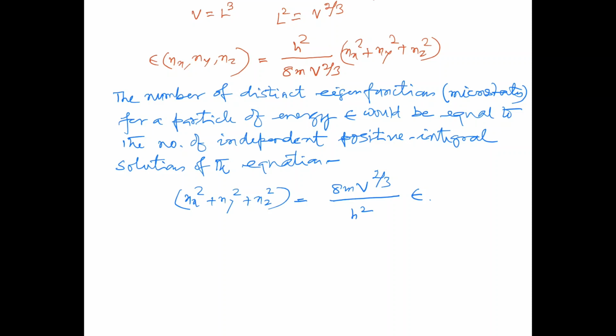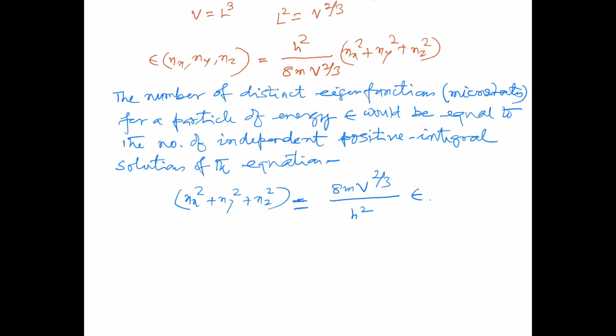So this comes from quantum mechanics, that the number of distinct eigenfunctions, which we are calling microstates as we have mentioned earlier, for a particle of energy epsilon would be equal to the number of independent positive integral solutions of the equation nx square plus ny square plus nz square equal to 8m V to the power 2 by 3 divided by h square into epsilon.